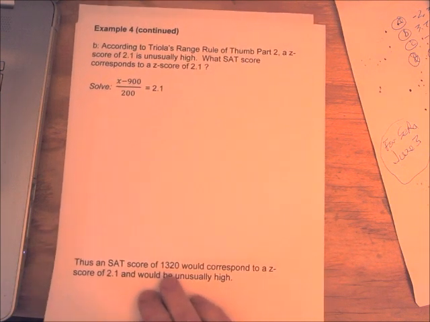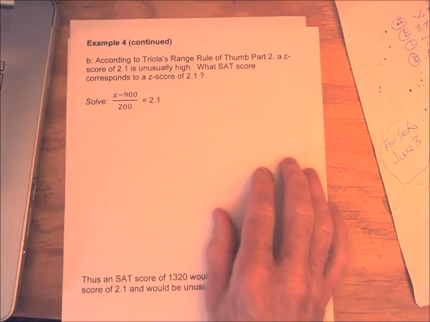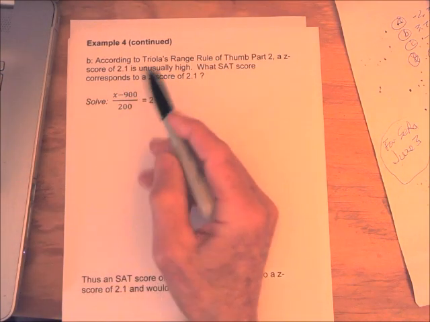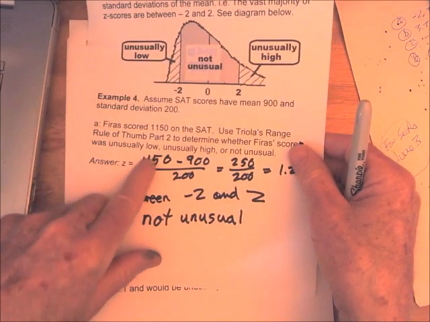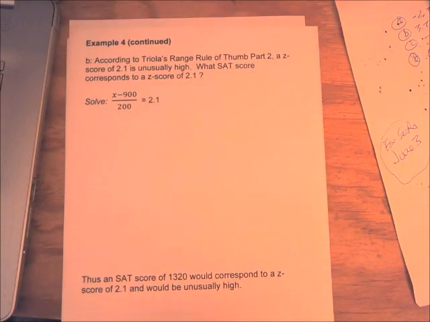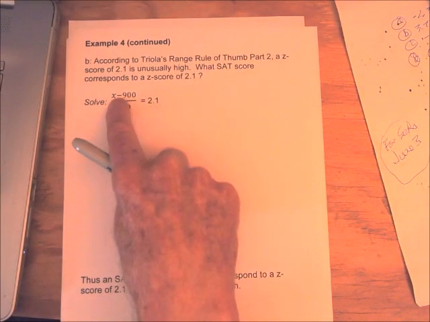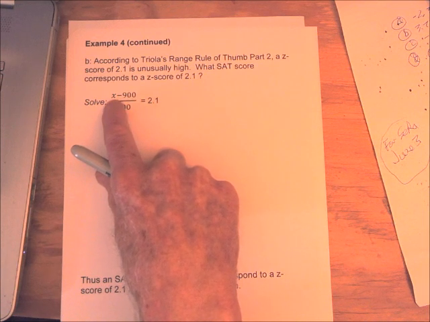What SAT score corresponds to a z-score of 2.1? So in the previous example, we were given the x-score, and we used the formula to compute the z-score. Here we're kind of reversing that process, where we're not given the x-score, but we're given the z-score. So we can use the same formula.